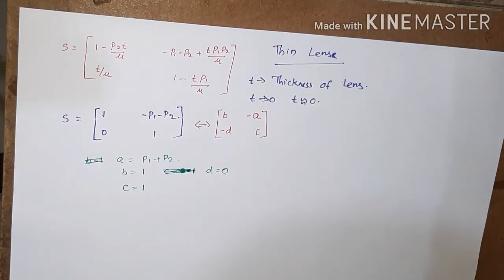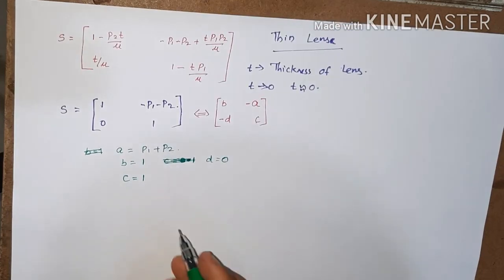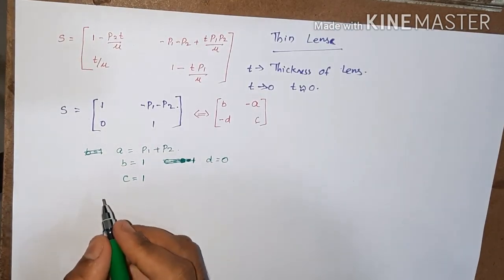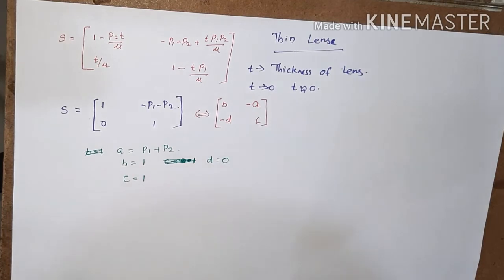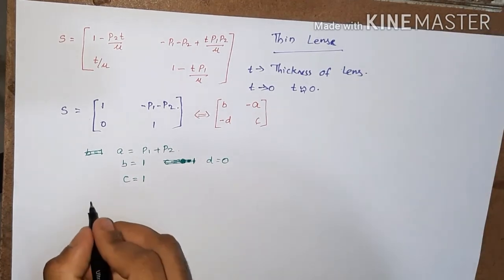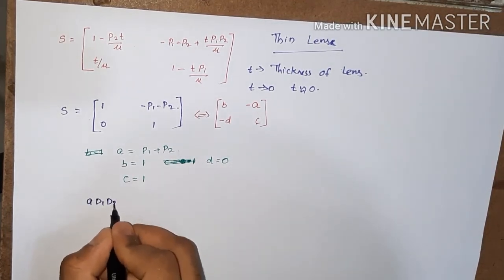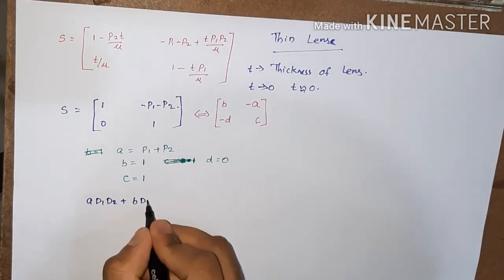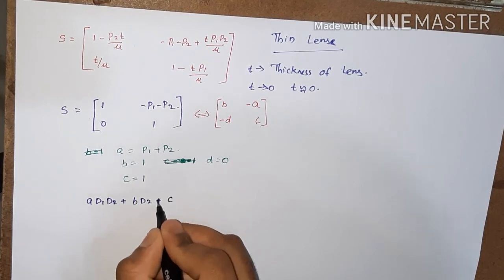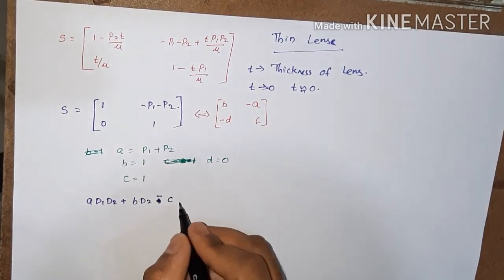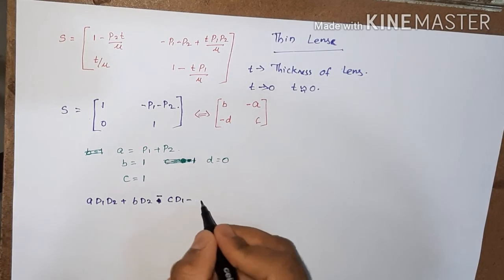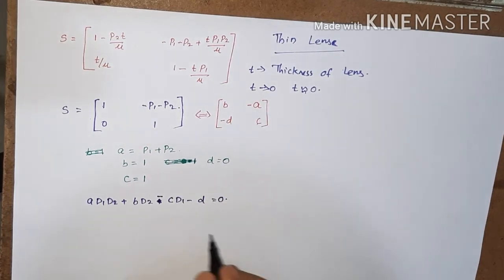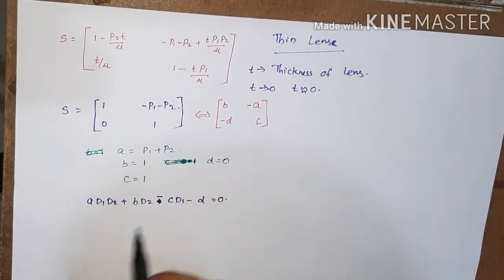Again, we are substituting these values of A, B and C in the condition for the image plane to get the lens maker's formula, that is A d1 d2 plus B d2 minus C d1 minus d is equal to 0. It is the condition for image plane, and I am substituting these values here.